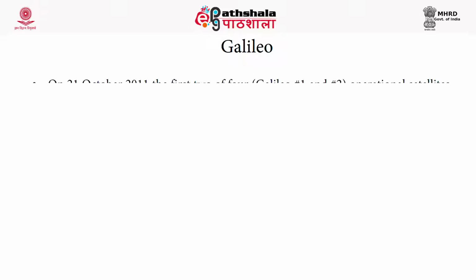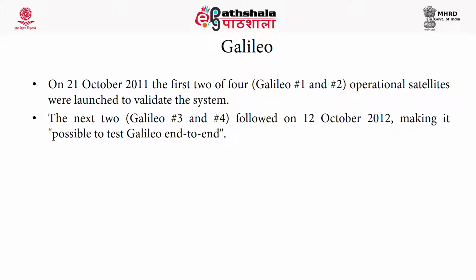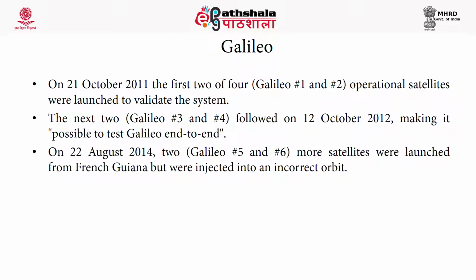Out of the satellites in Galileo, on October 21st, 2011, the first 2 of the 4 operational satellites were launched, while the next 2 satellites of the Galileo system were launched on 12th October 2012. On 22nd August 2014, the 5th and the 6th satellites were launched, but were injected into an incorrect orbit.